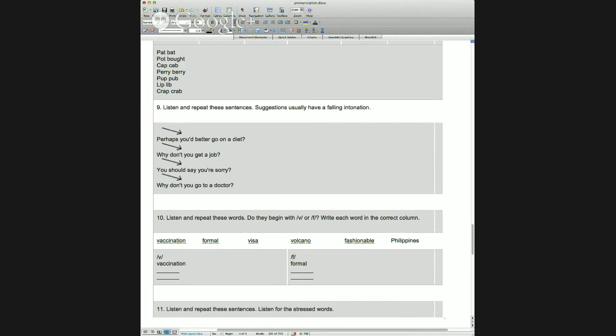A lot of times they have a falling intonation, which means what? What does it mean to have a falling intonation? The emphasis falls down at the end of the sentence. Yeah, good. So essentially it starts higher and goes lower. Okay, so repeat after me.